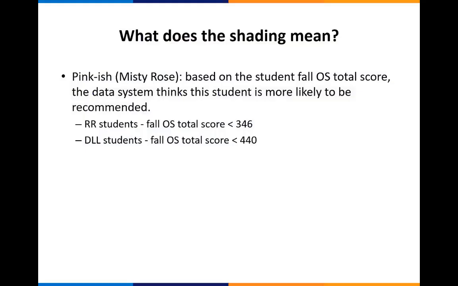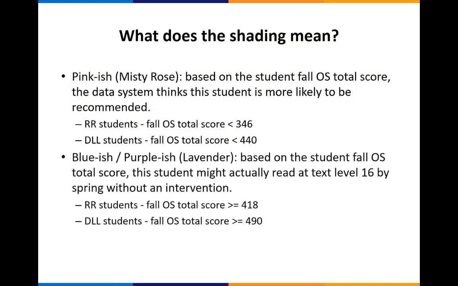Now let me go back to our slides. Let's talk about the bluish or purplish shading, depending on your monitor. I went back and looked at the color; these are shaded in lavender. What the lavender shading is telling us is that based on the student's fall OS total score, this student might read at a text level 16 by spring without an intervention.